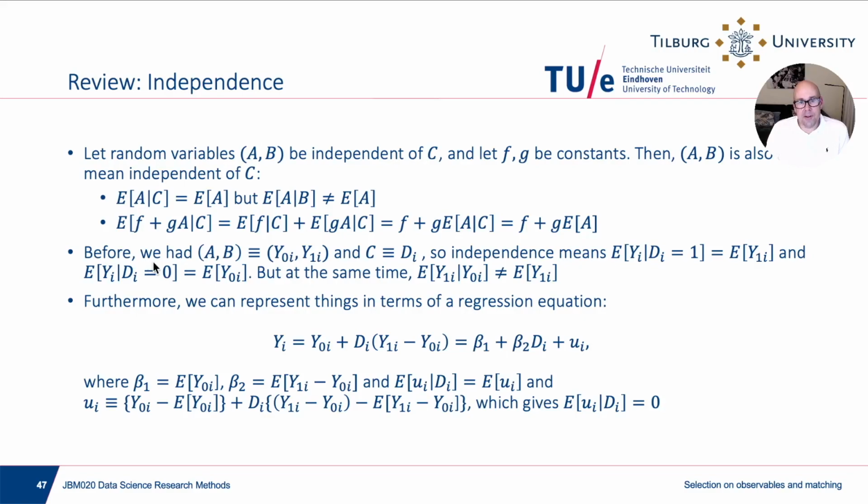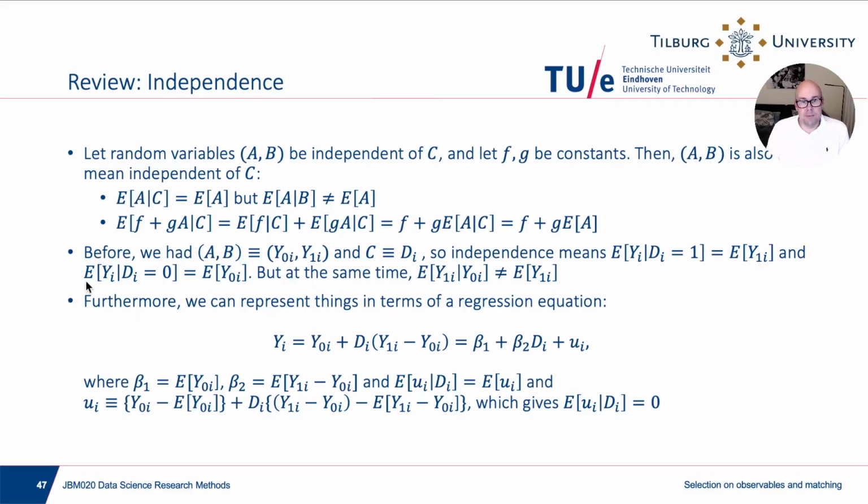So how does that all connect to the potential outcomes framework? In the first presentation where I talked about randomization, we actually had that A, B were y0, y1, and C was actually D. So independence meant that the expectation of the observed outcome among the treated is equal to the expectation of y1i, and that was quite useful.